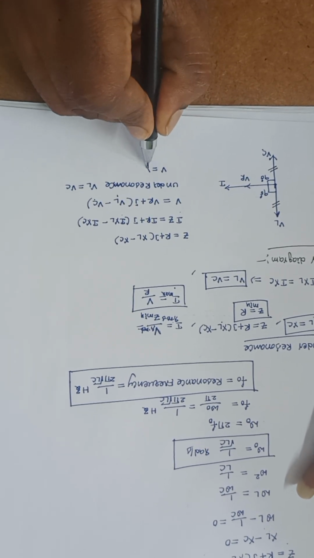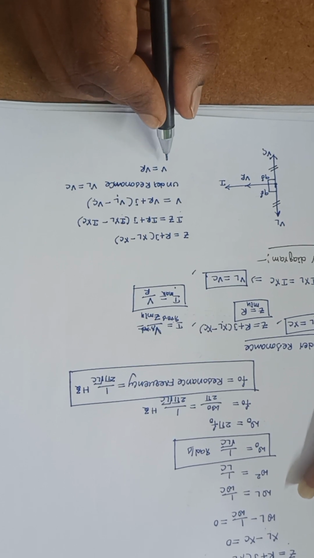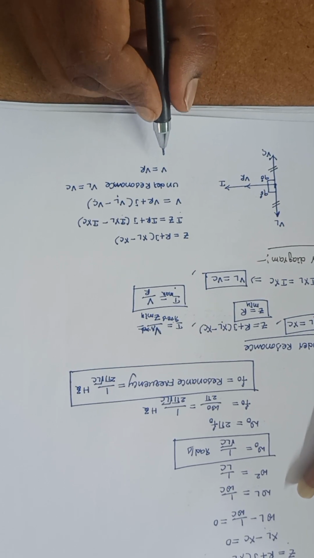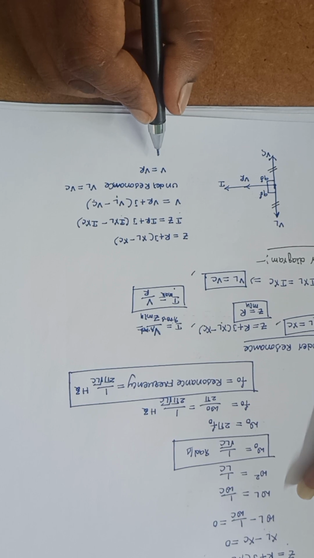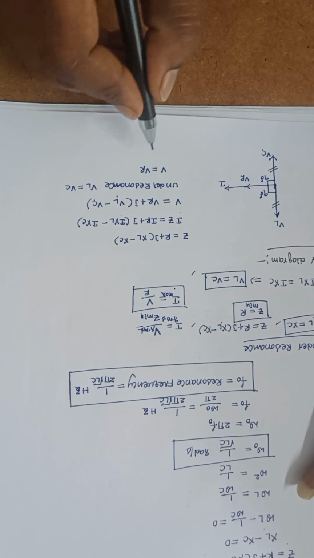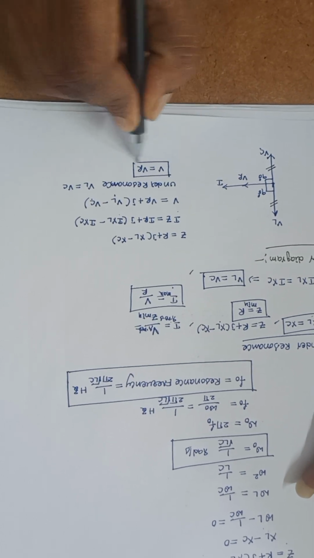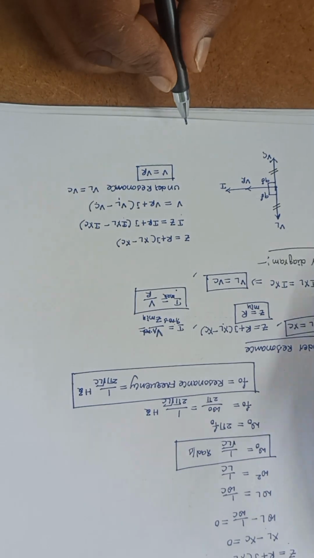So V equals VR. Whatever supply voltage is given to this series RLC circuit, the total voltage will appear across the resistance VR. So the total voltage V is equal to VR under resonance condition, and VL is equal to VC.